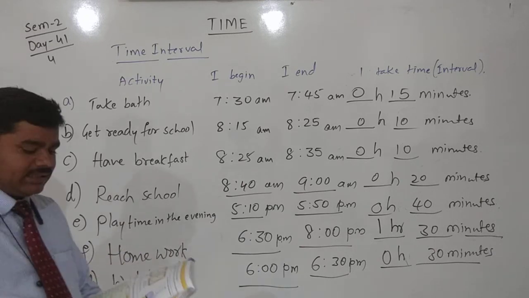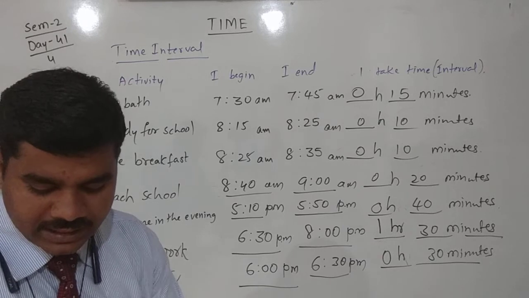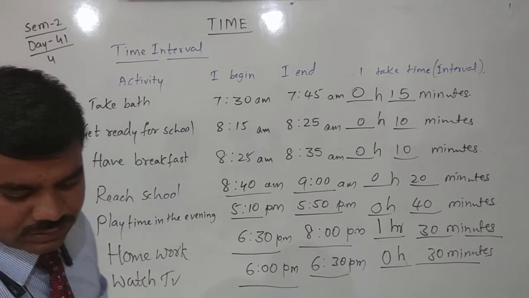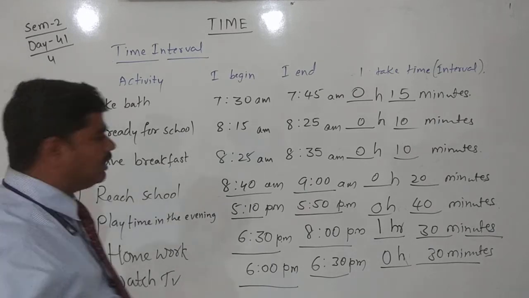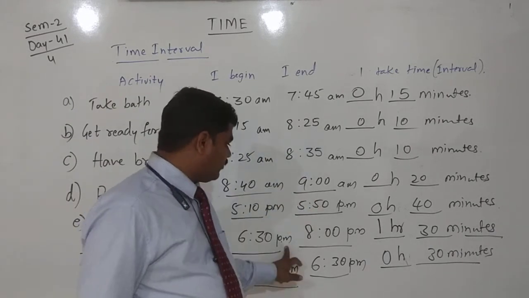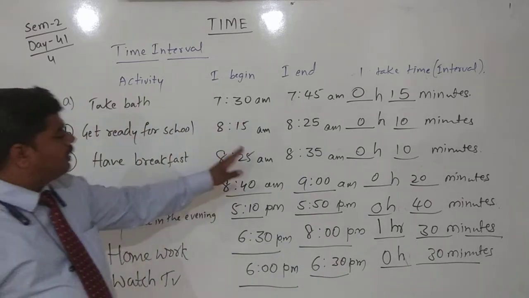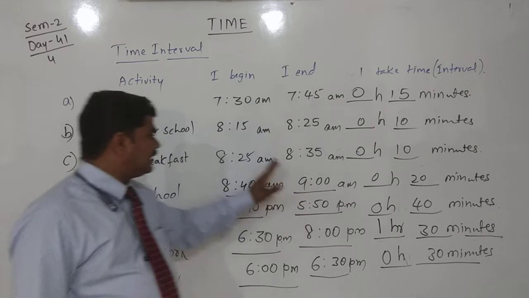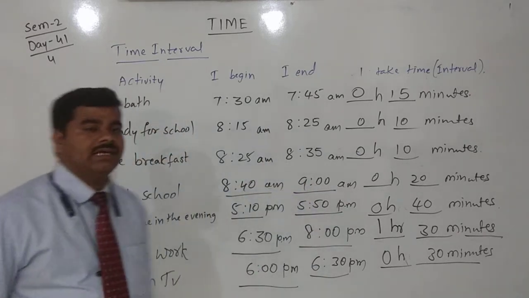Clear? And after this we can calculate AM to PM or PM to AM within 24 hours. This is AM to AM only here. See here, AM to AM interval, PM to PM. But we'll have AM to PM like this, 5 AM to 8 PM like that.